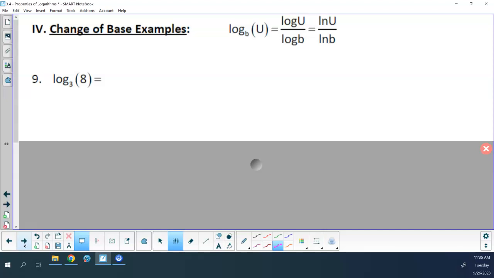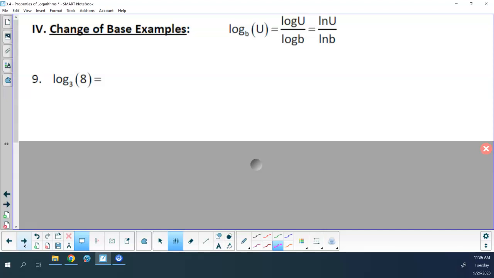None of those are 8. Okay? So if I call this x, where should x fall on a number line? Between 1 and 2, right? Closer to 1 or closer to 2? Closer to 2, right? Because 8 is closer to 9 than it is to 3. Okay? So it should be somewhere between that.